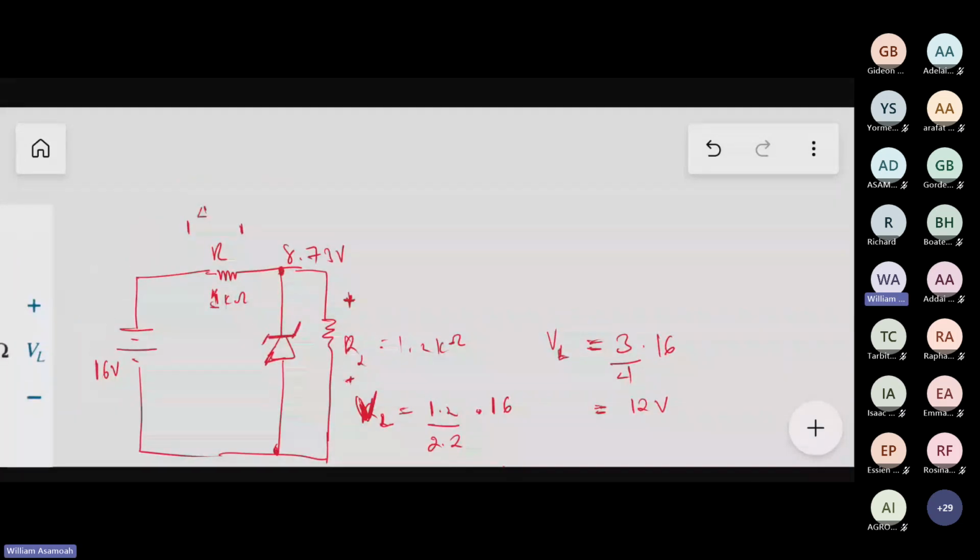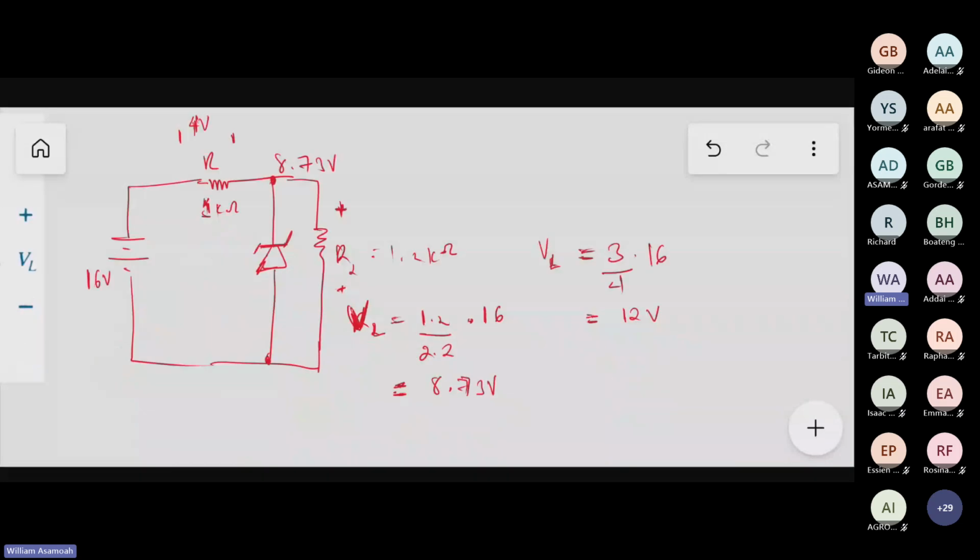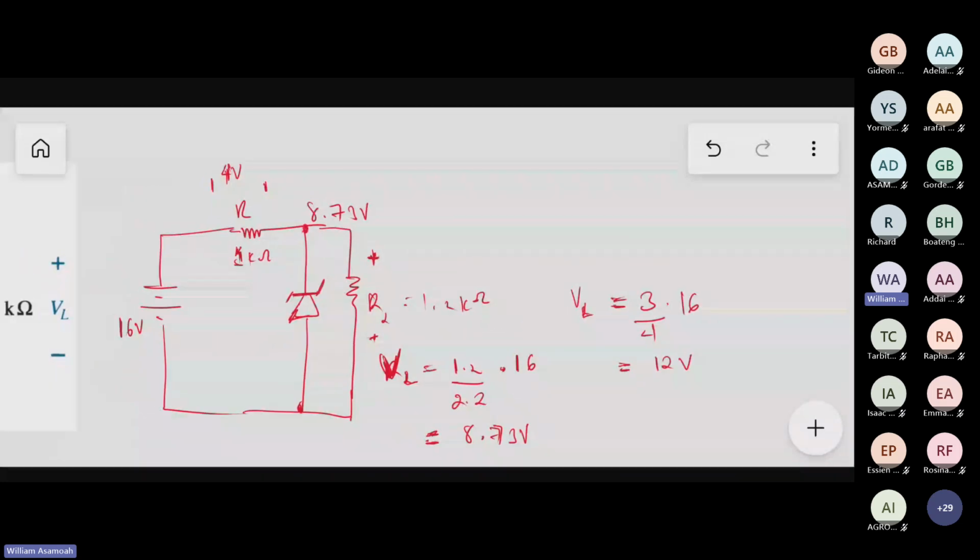Do we understand? Great. Then the remaining 4 volts would appear across R, so take note of that. That part is a little bit tricky, but it's because of the Zener diode. If you don't give it more than it needs, it will not work. So you always give it more than it needs, then it conducts. And when it conducts, it starts determining how the circuit behaves.